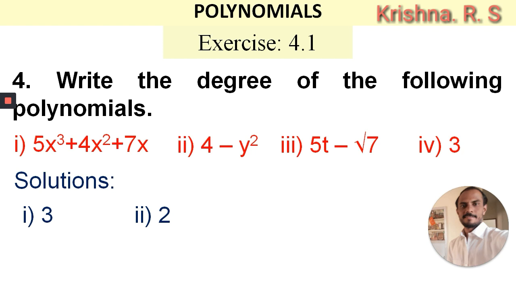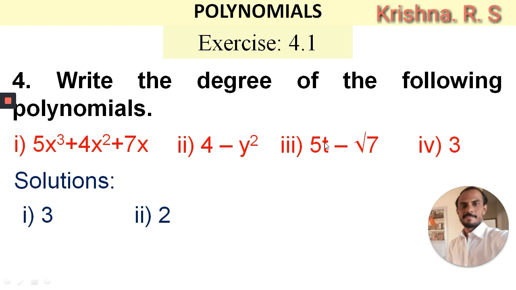See students, the third question. What is the variable? The English small letter is considered the variable, so t is the variable. You may think, sir, no exponent is given. That means it is always 1, so t is t raised to 1.